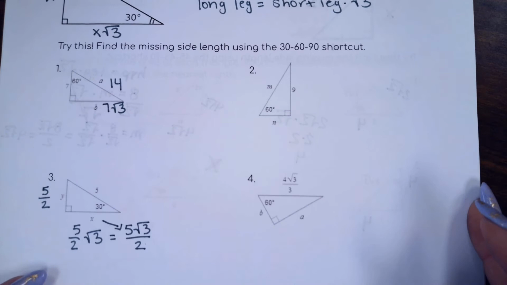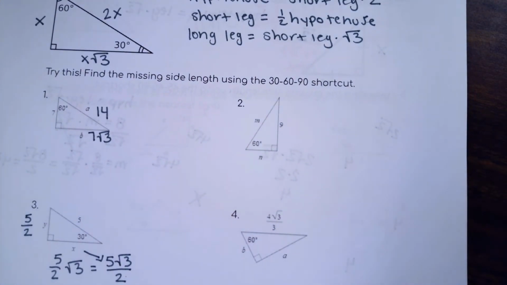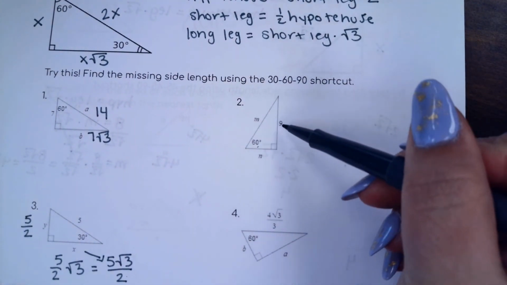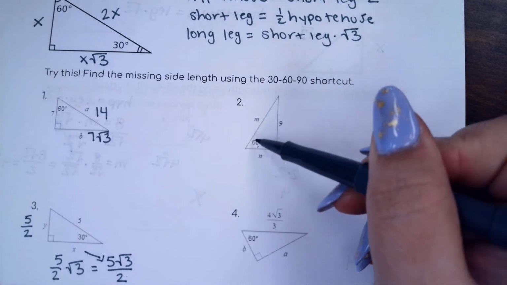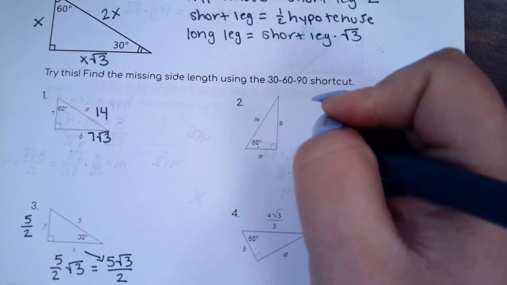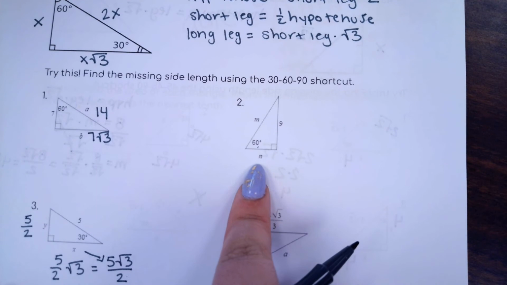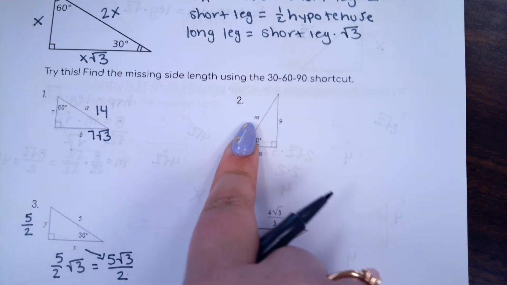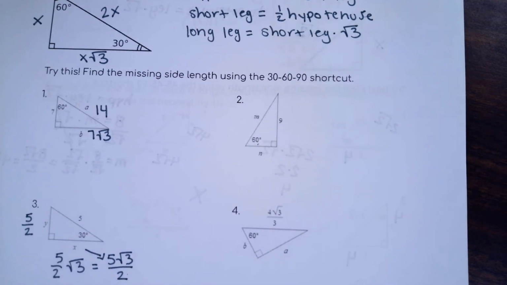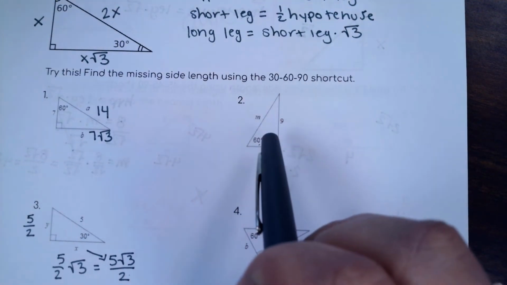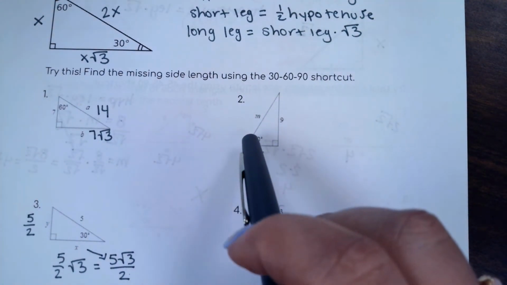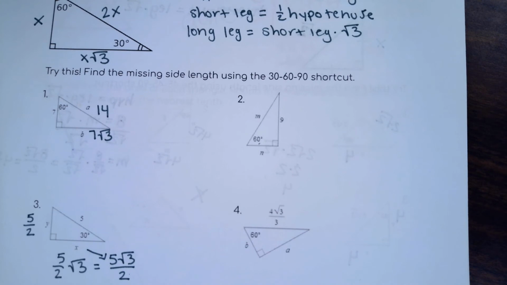All right, let's look at number 2 now. So number 2, our given side is across from our 60-degree angle, so we know this is our long leg. So n is our short leg, and m is our hypotenuse. We always want to find the short leg if we don't have it, because that's what everything is based off of.